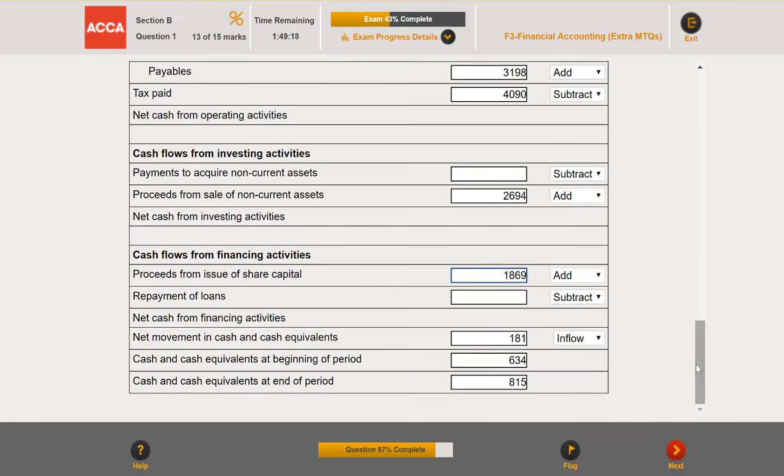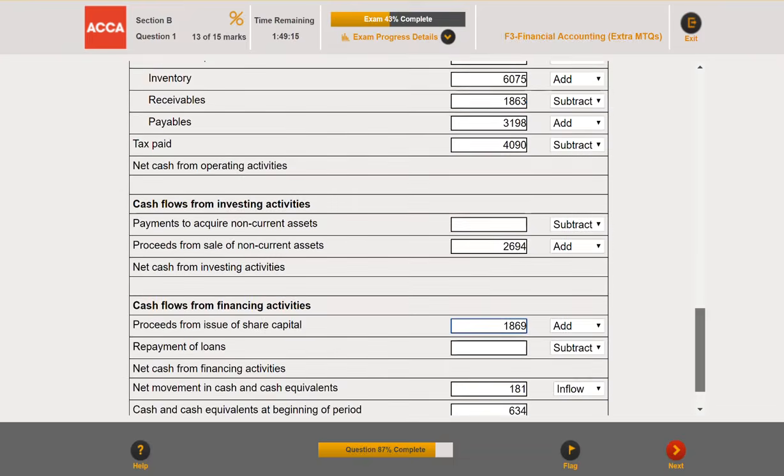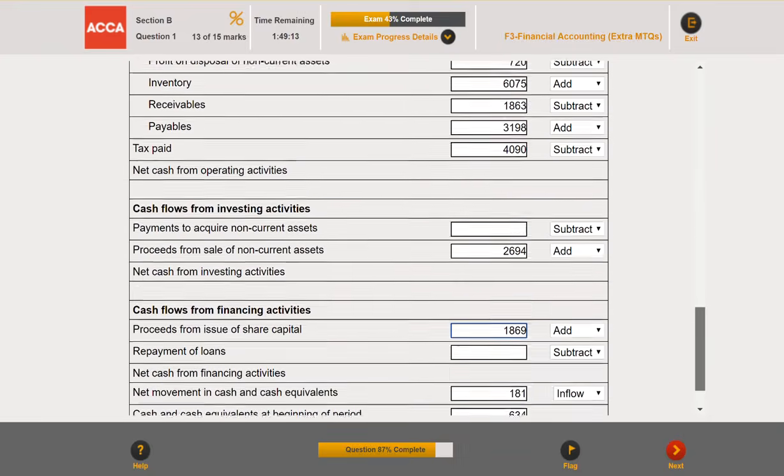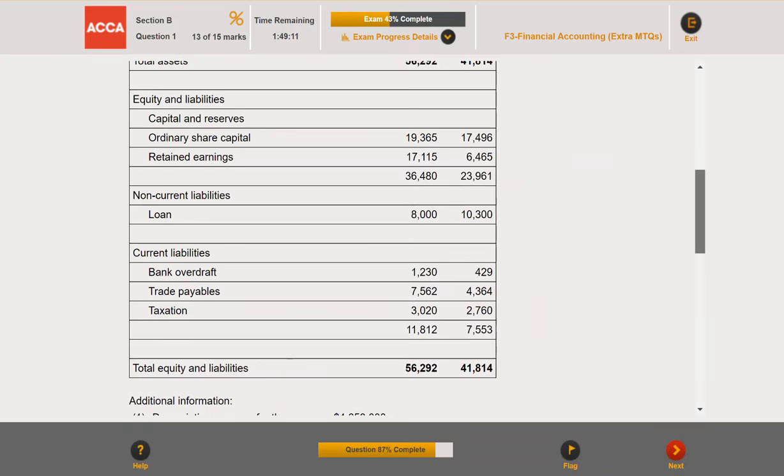When shares increase, it means we have received money from issue of shares, and then we have repayment of loan here. So we have 10,000 and decreased to 8,000, which gives us 2,300.